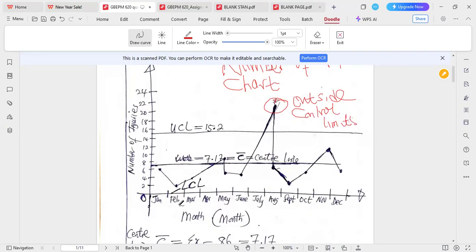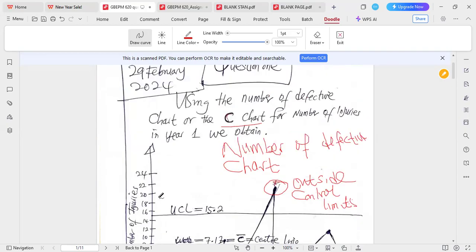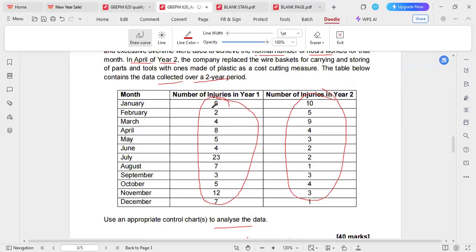We are plotting January using the respective data set, which is 6, then 2, 3, 4, 8, 5, 23. So July, 23, is above the control limit, which is why we are saying it's outside the boundary.